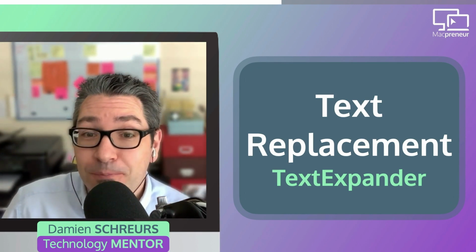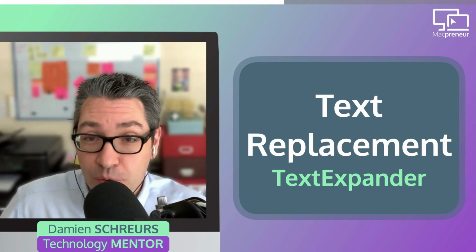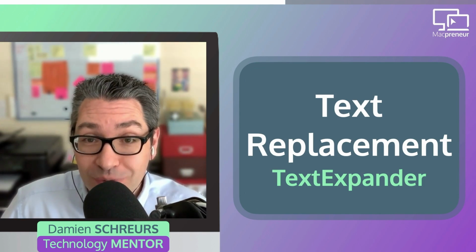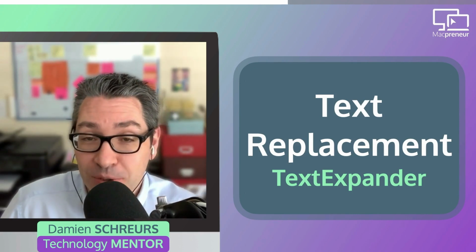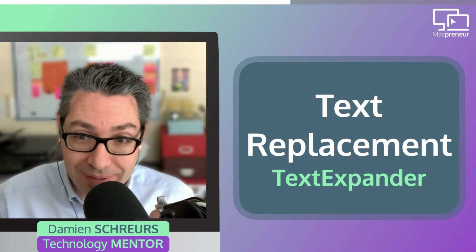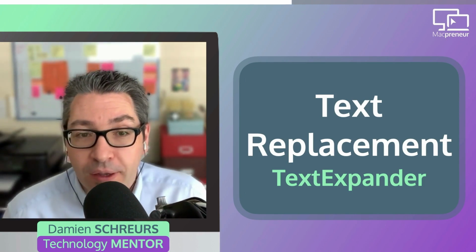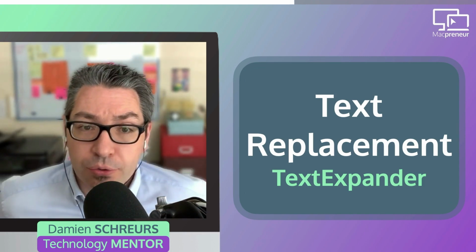But on top of that, it also can put the date. So today's date, but you can also do date calculations. So you could say in 10 days, so today's day plus 10 days, and it will automatically put the right date over there. It is cloud-based, meaning you can synchronize all your snippets.